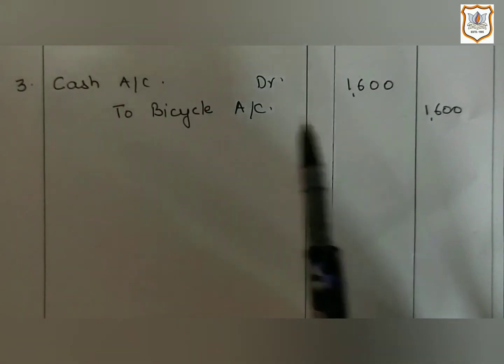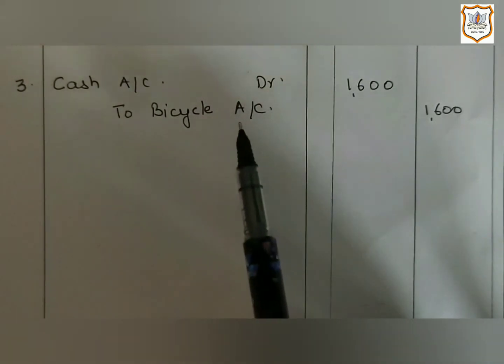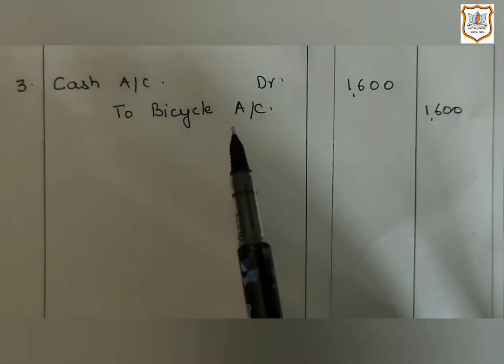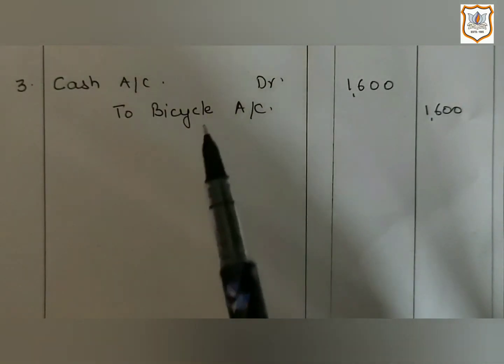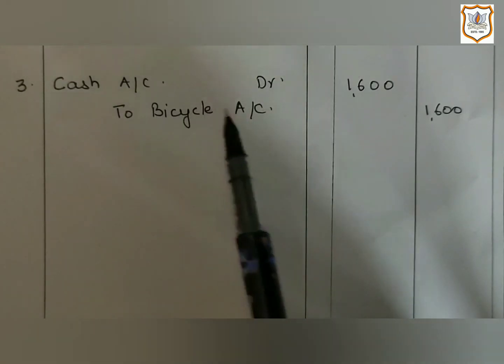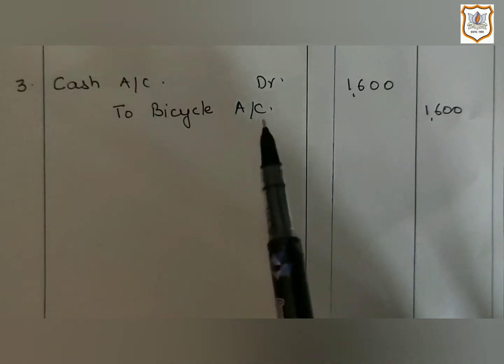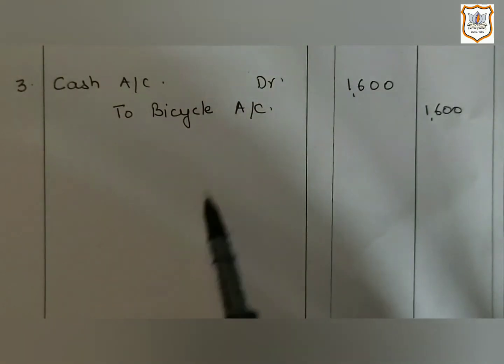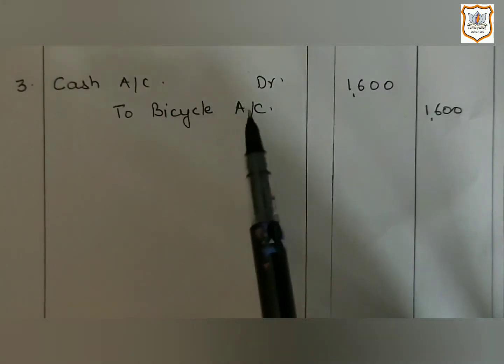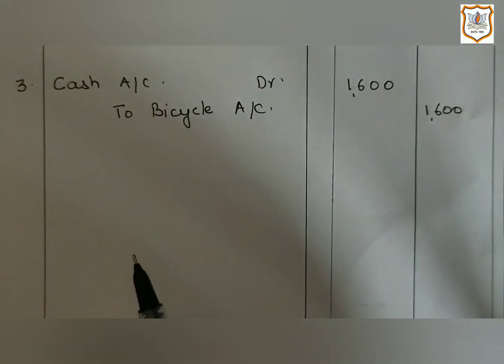That's why it is credited. As it is an asset, the rule of real account will be applied, that says credit what goes out, and as we are selling this vehicle, it is going out of business. So that's why bicycle account is credited here.